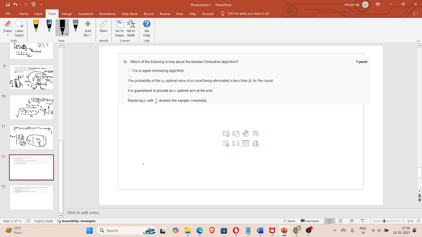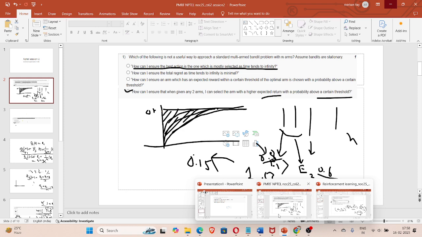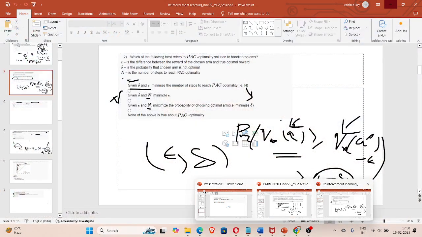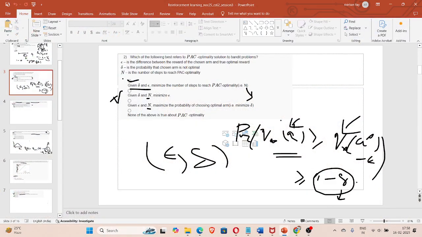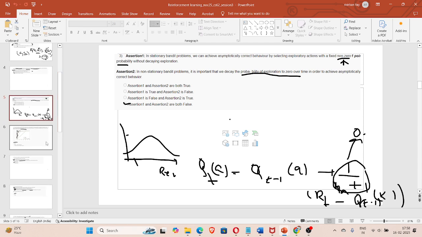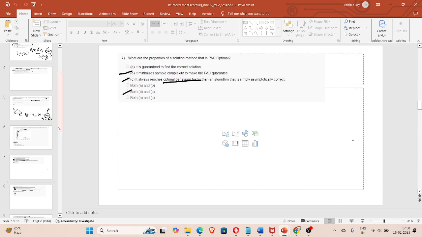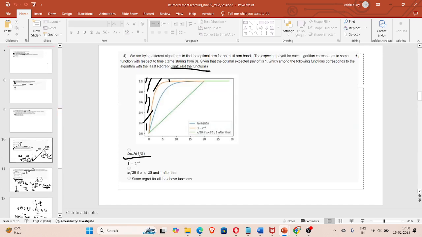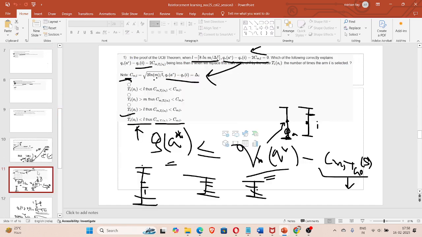So, is it a regret minimization algorithm? That is not true. Regret minimization is for selecting which arm to pull, and I think I've explained this somewhere.